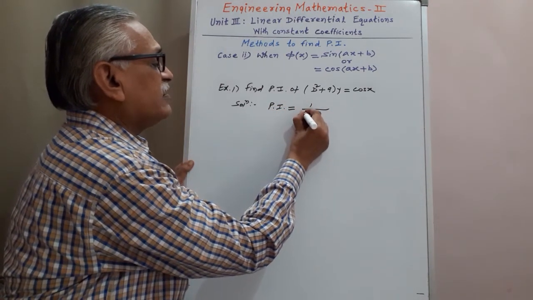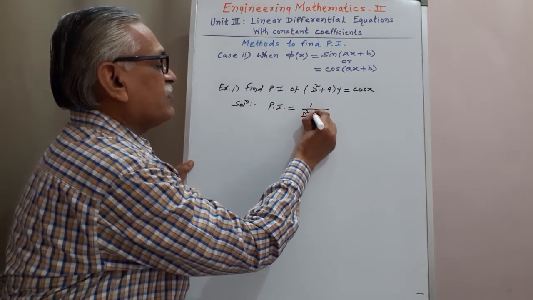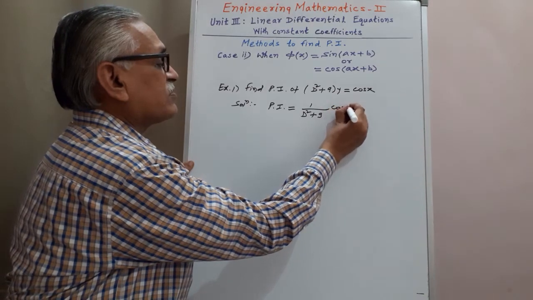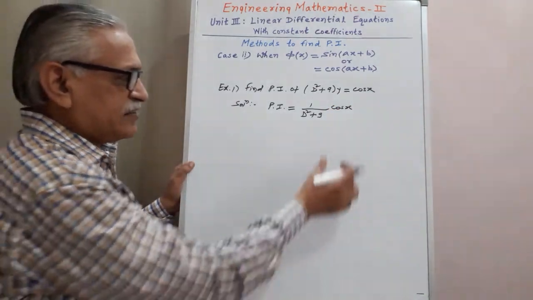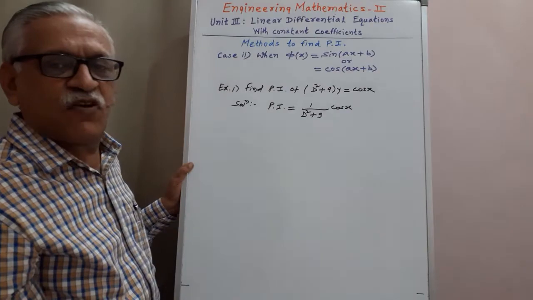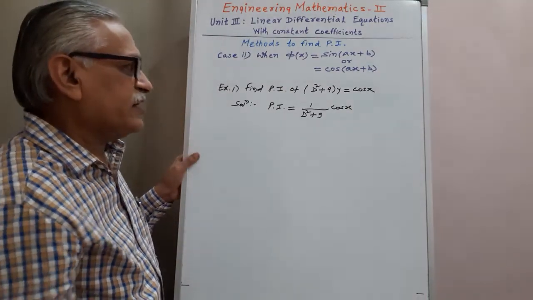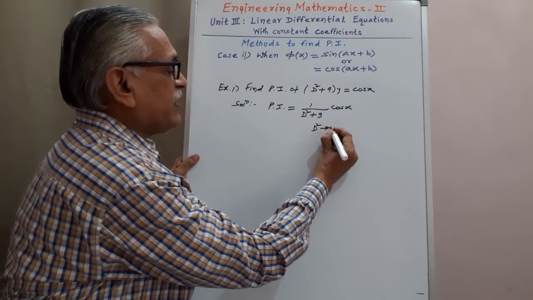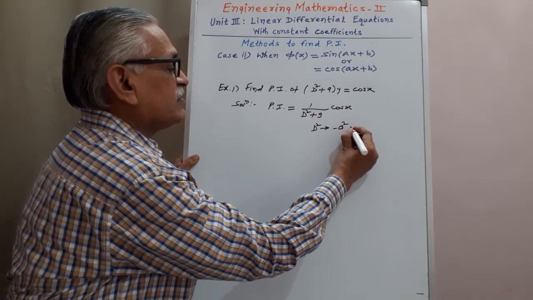Here 1 upon D square plus 9 we have to operate on cos x, and as the term on the right hand side is in the form of sin or cos of ax plus b, the rule is that we have to replace D square by minus a square.